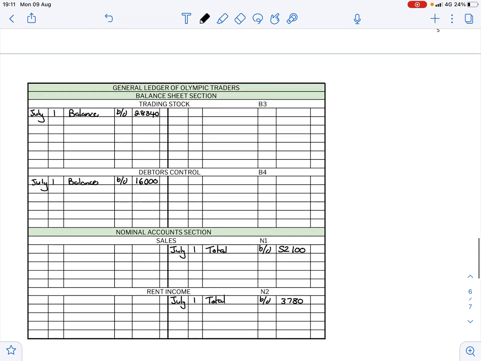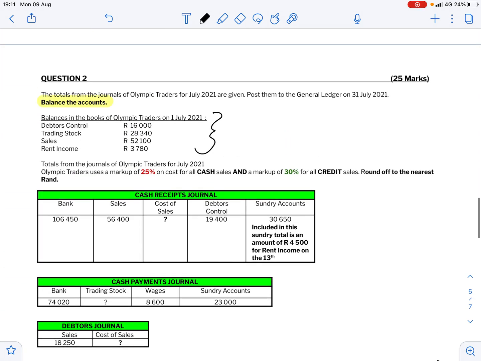If we go down and have a look in our ledger, they then give us the totals for the journals. They use a 25% markup for all cash transactions and they use a 30% markup for all credit transactions.